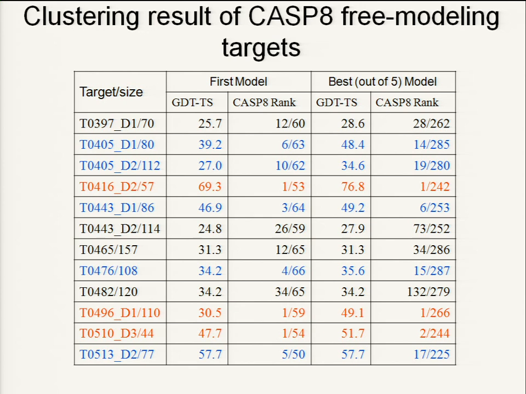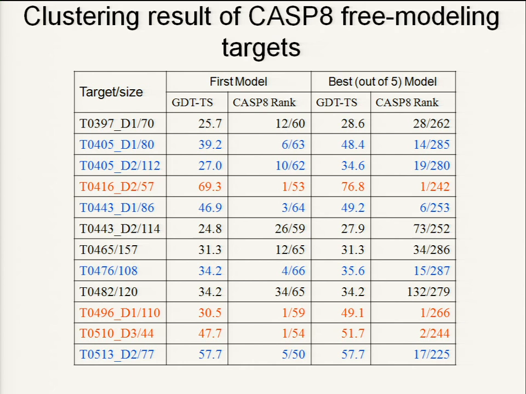So you can see from here, on those red targets, we did very, very good. The second number is the number of targets submitted by the other groups, and the first number is our rank in those submissions. So those are the best among all the groups.